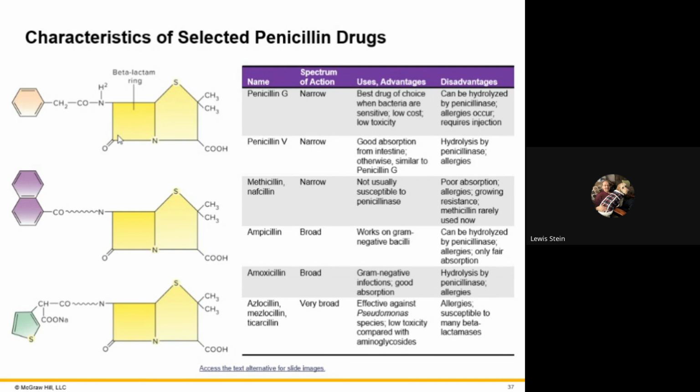A lot of times they make beta-lactamases. So how do we work the problem? Well, the amoxicillin being blocked by lactamase.